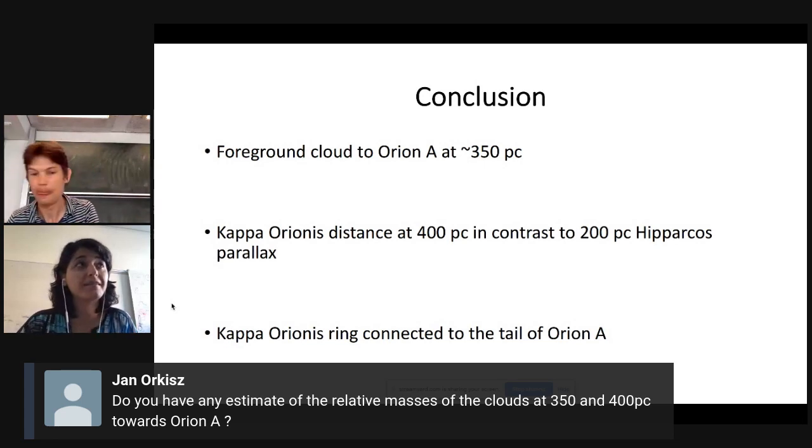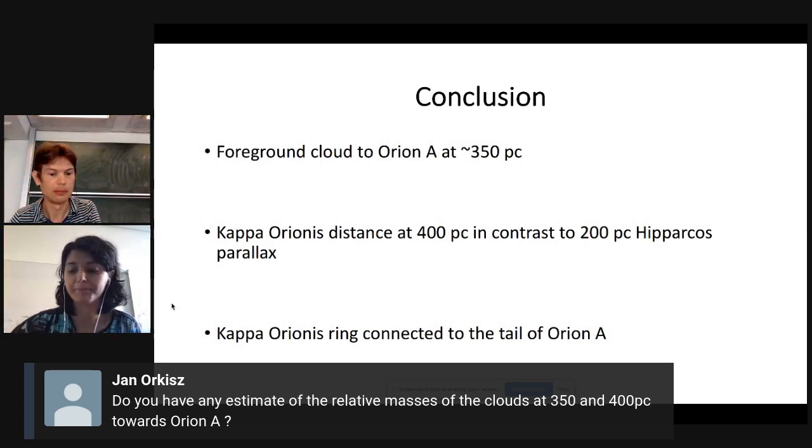So that's something that I haven't looked into, but there is a main problem. When I'm building this map, I'm using data from Gaia. And since Gaia is optical, we are losing a lot of stars that are in the very dense parts of Orion.